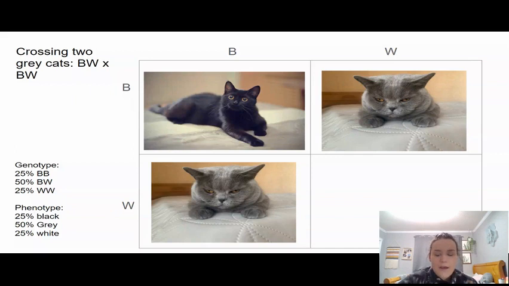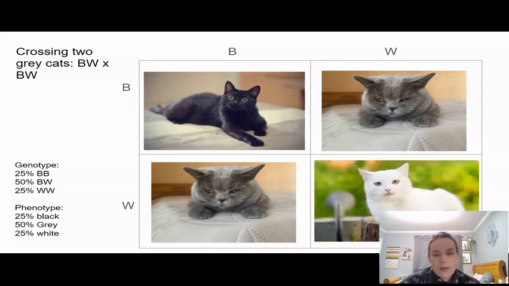Another gray cat having the genotype of BW. And lastly, we're seeing that white cat again with the genotype WW. Looking at that genotypic and phenotypic ratio again, 25% is BB, 50%, 2 out of 4, is BW, that's the gray, and then 25% is white, with the genotype WW.